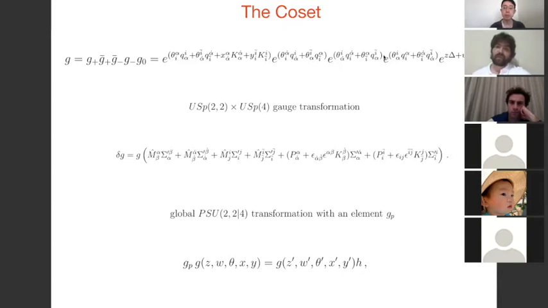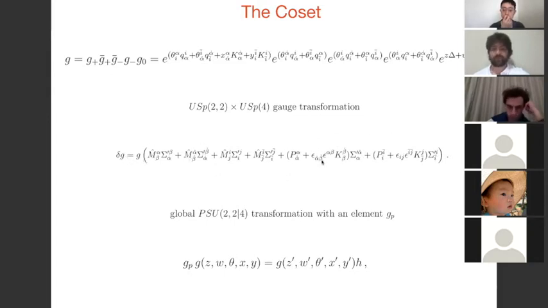So basically, the transformations are easy and the expressions are simpler if you put all the generators that annihilate the vertex to the left. It's not hard to see how they transform in this way. And when you apply this gauge transformation to the coset, in the infinitesimal form, it acts from the right.